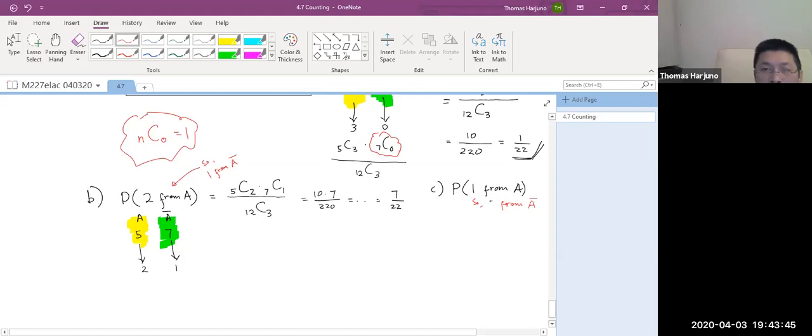Implicitly 2 not from A. Okay, let me give you 2 minutes to do this problem. No decimals. If you want to make it into decimals, you can. Just keep it to 5 decimal places. But that's just purely calculator work.